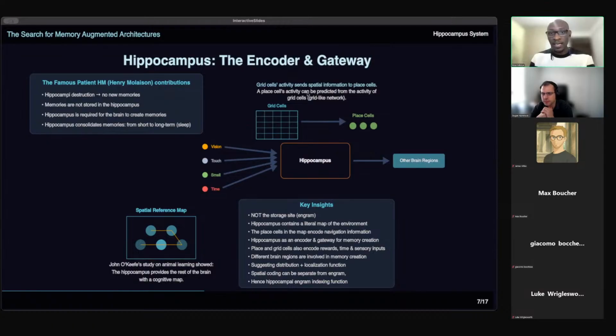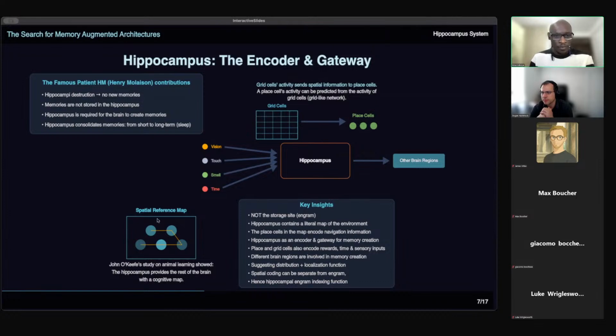But yeah, the work of the grid cells is just to encode information that should be sent to the place cells, and then place cells keep that information, which is then transmitted to all parts of the brain as a spatial map or a cognitive map.